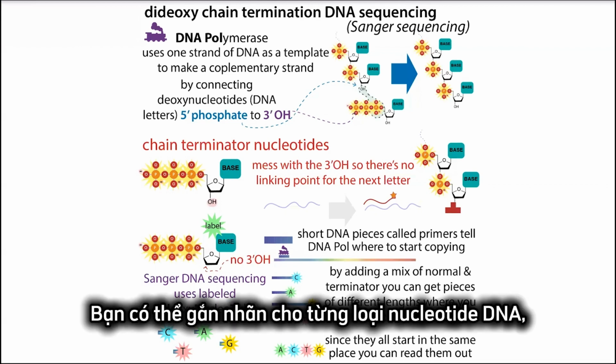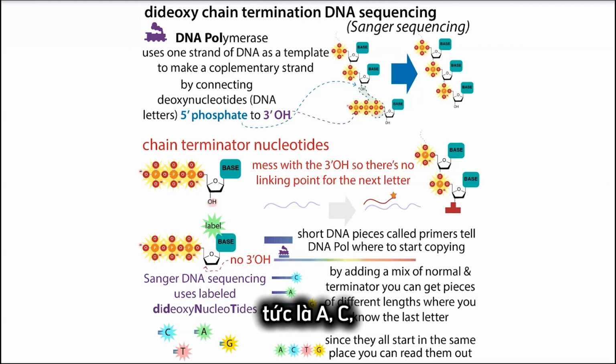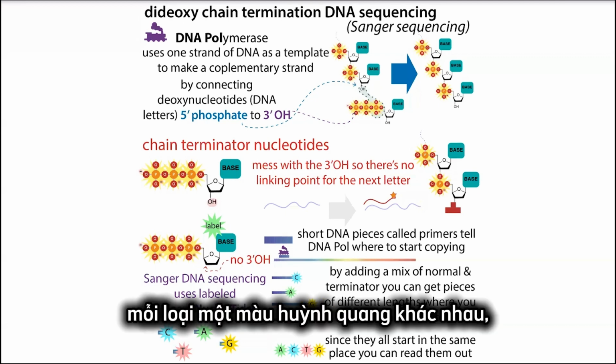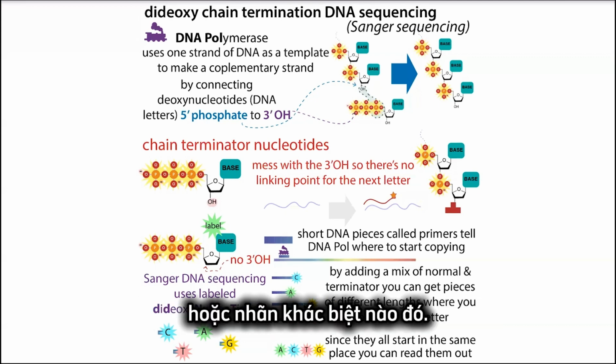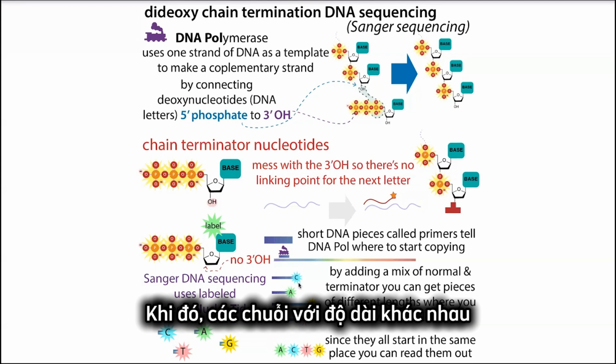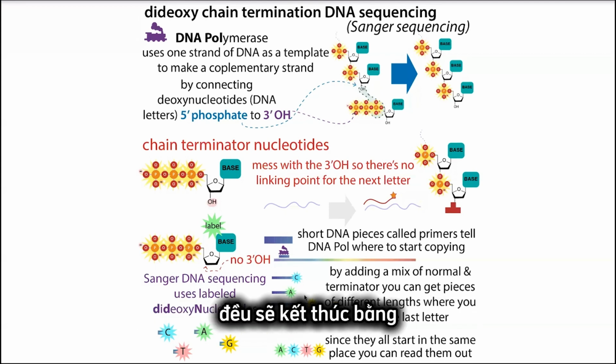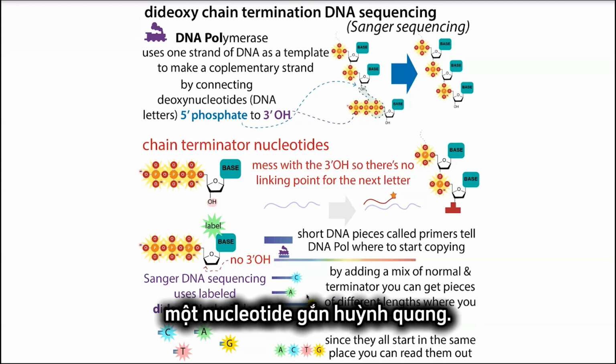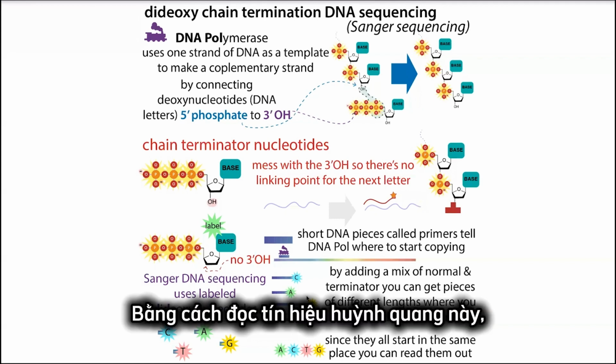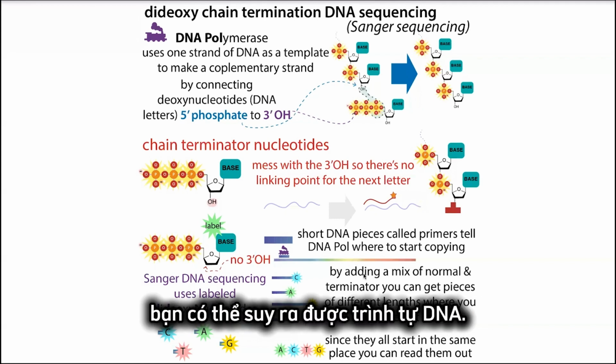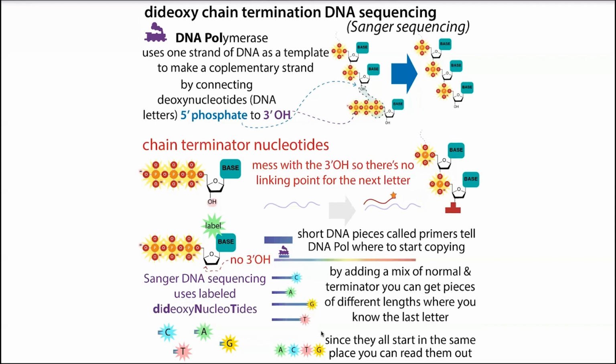And you can label each of the different DNA letters, so C, A, G, and T, with a different fluorophore or some other different label. And now these different length chains are all going to end with one of these fluorophores. And by reading out the fluorescence, you are able to then read out the sequence of the DNA.